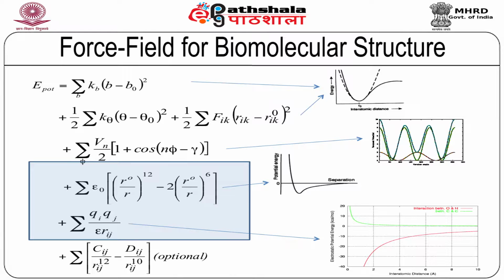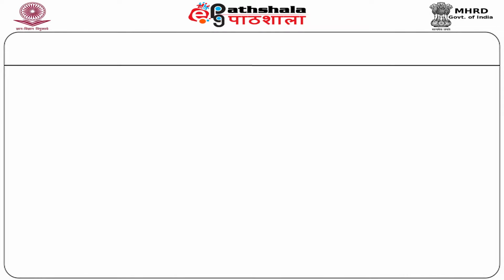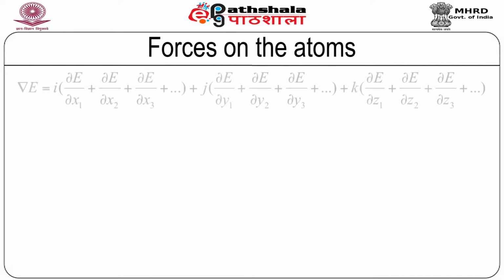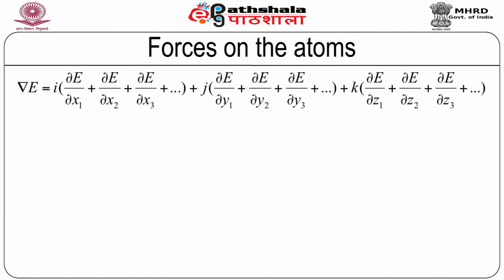Considering these 5 energy terms, we can calculate the energy of a molecule. Now the energy of the molecule can also be differentiated with respect to the XYZ coordinates of all the atoms, because the energy is only a function of XYZ coordinates.